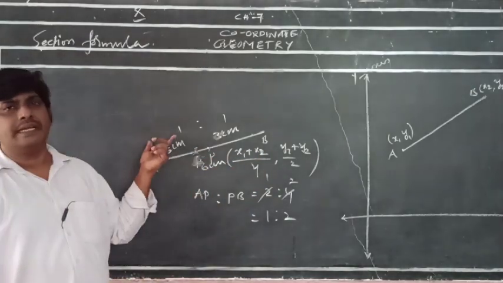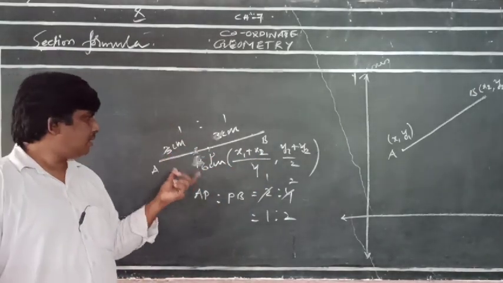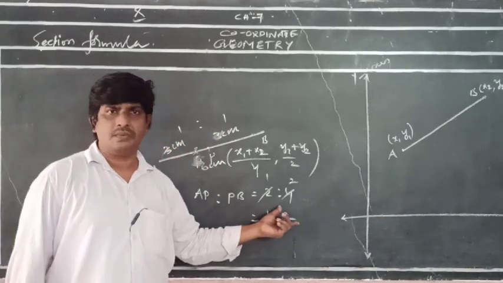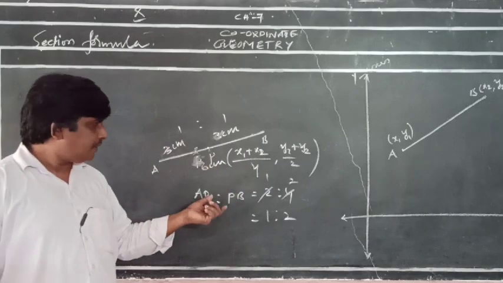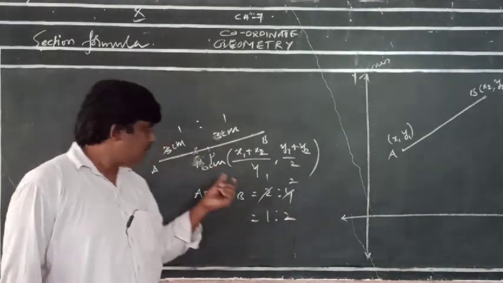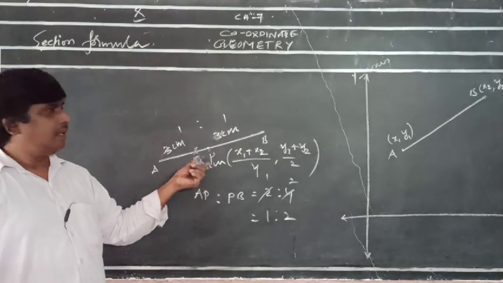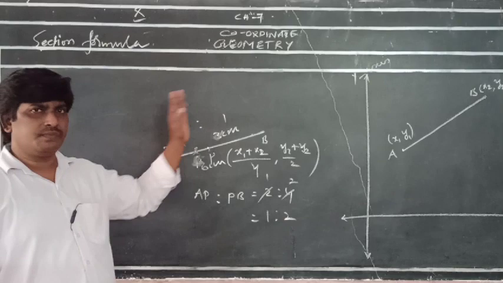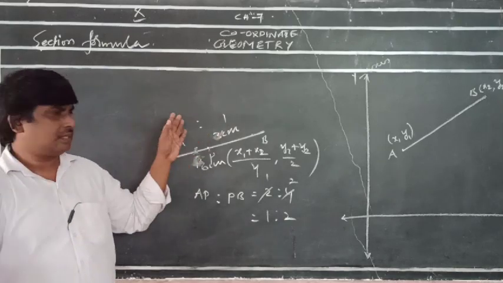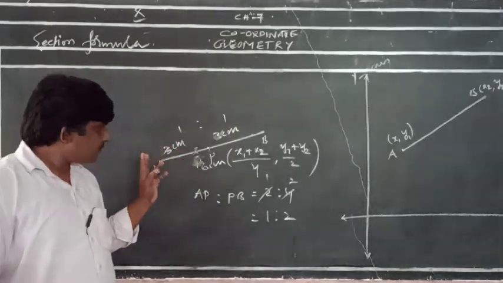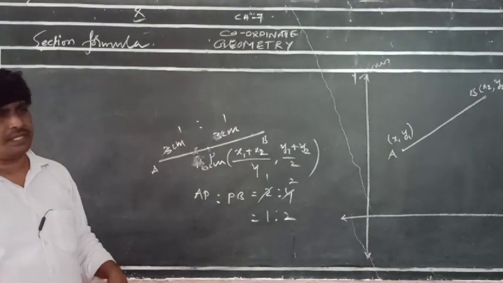But here specified conditions are given. Here 1 centimeter, 2 centimeters, 4 centimeters means we got the ratio 1 is to 2. If this point is dividing the given line segment in the ratio of 1 is to 2, how do we get this point P? If the point is dividing the line segment in another ratio like 3 is to 4 or whatever the ratio is given, how do we find the point which is dividing in that particular ratio?